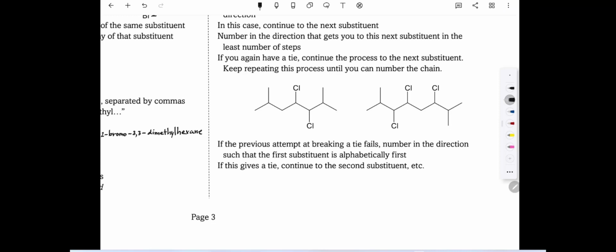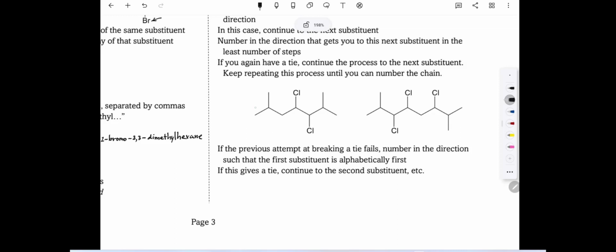All right, let's consider the numbering of these compounds. If I start from the left, I have 1, 2. So I come to my first substituent on carbon number 2. If I number from the right, 1, 2, we see it's the same. So we're going to have to continue on to the next substituent.